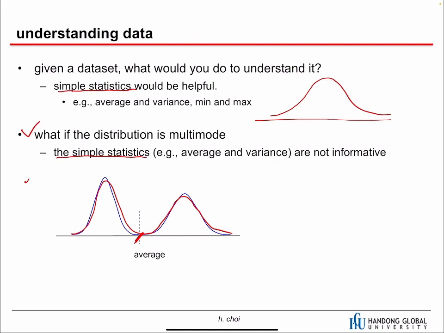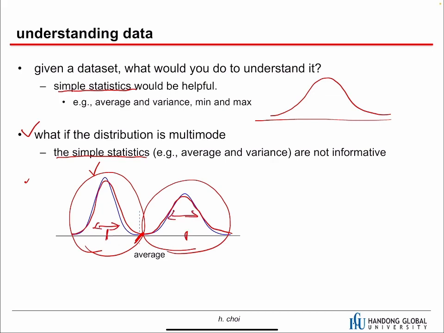These simple statistics are not informative. They don't tell us much about the data. Then what should we do? This is where clustering comes to the rescue. If we have two clusters like this, then in the first cluster we have a mean and variance, and in the second cluster we have a mean and variance. That is one way to do this.